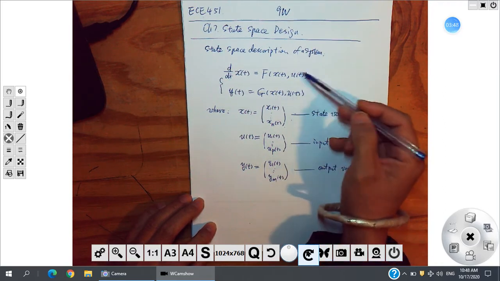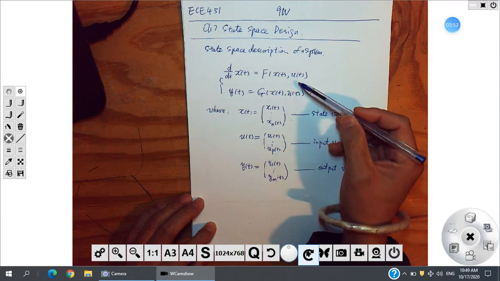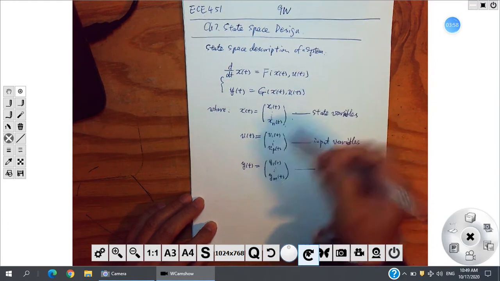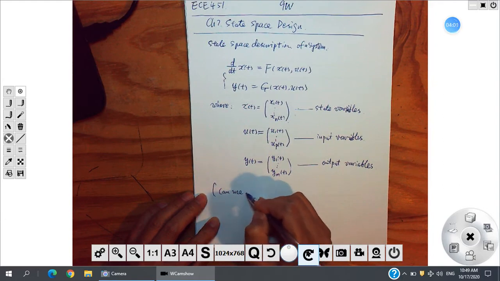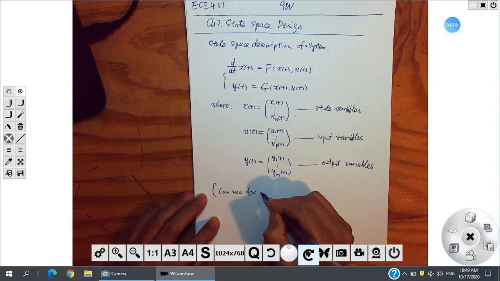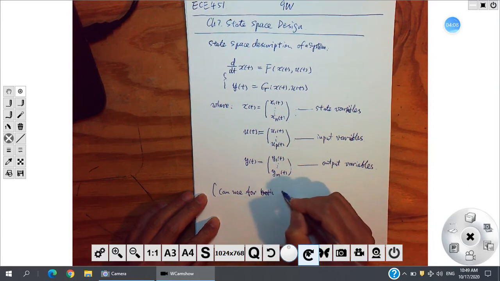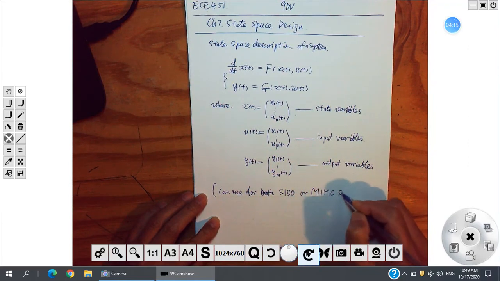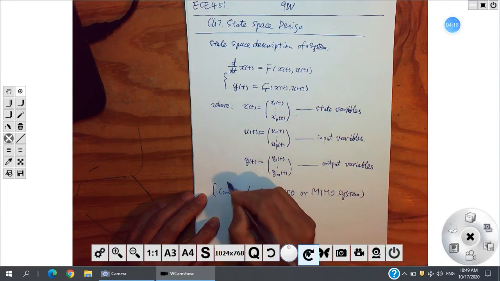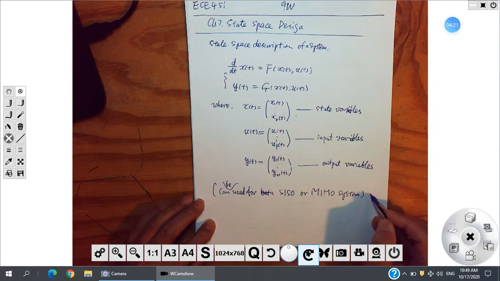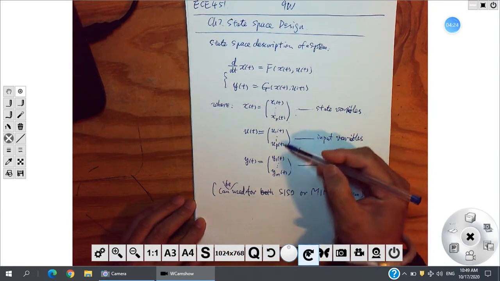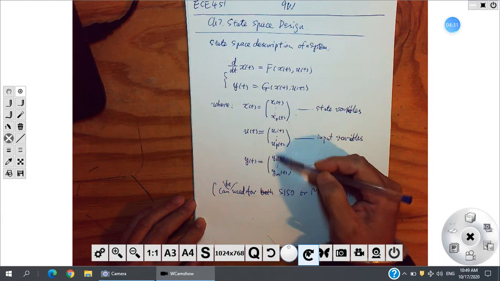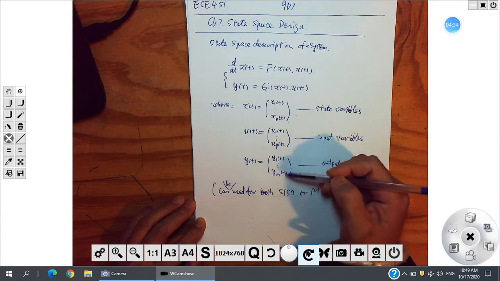So this can be used to describe both single input, single output systems, and multiple input, multiple output systems, depending on p and m. If they are 1, it's a single input, single output system. If either one or both are larger than 1, it's a multiple input, multiple output system.